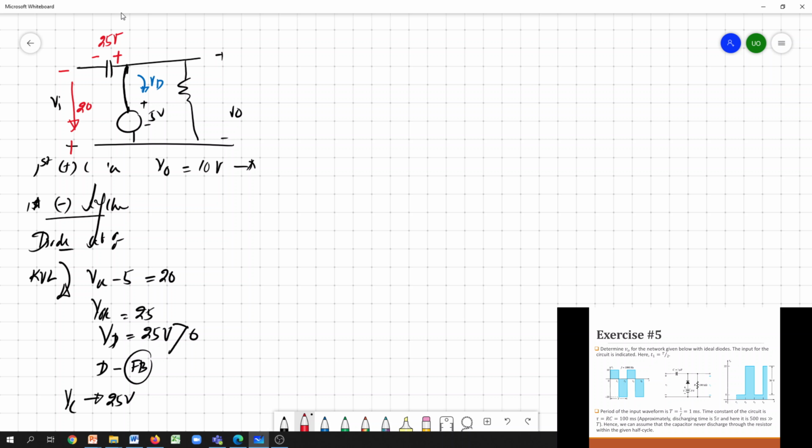Okay, so what about V out there? So V out is basically measured across this resistor. So we basically connect a 5 volt DC source across this resistor. So then Vout would be simply 5 volt. Okay, so if you draw this input output relationship, so this is your input.